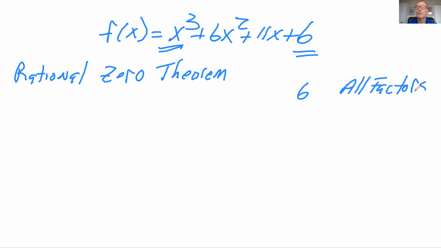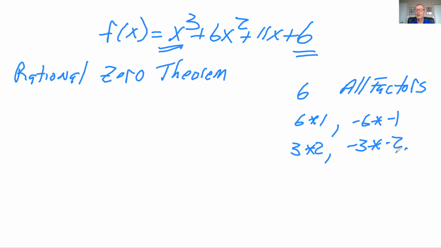Well, those are numbers that you multiply together that give you the number 6. So we have 6 times 1, and we also have minus 6 times minus 1. And then you would have 3 times 2, and we also have minus 3 times minus 2. So you can kind of see that we would end up with 8 different factors for the number 6.